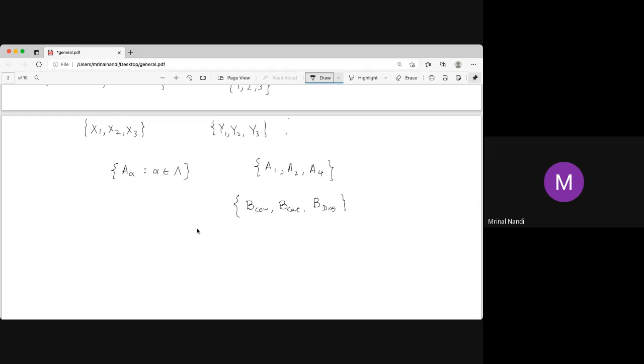The index cow is a set, say A, B, C, and B cat is D, E, F, and B dog is some A, E, H, something like that.